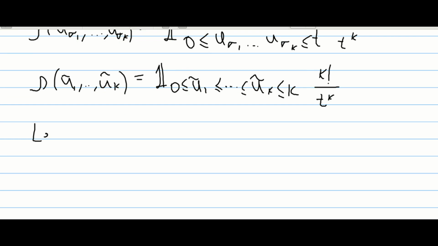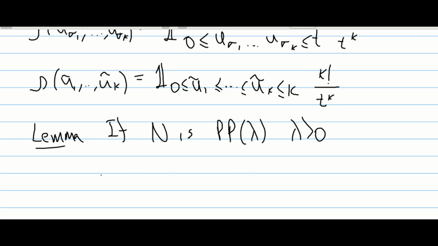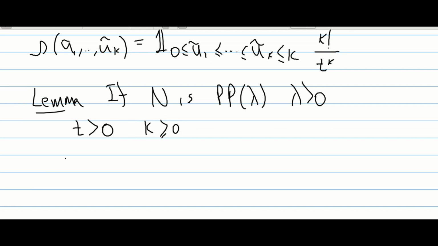So in the end, what we proved is that if n is a Poisson process with parameter lambda bigger than 0, and we fix t and k, so t larger than 0 and k bigger or equal to 0, we can actually define p t k as p lambda conditioned on n t equals k.